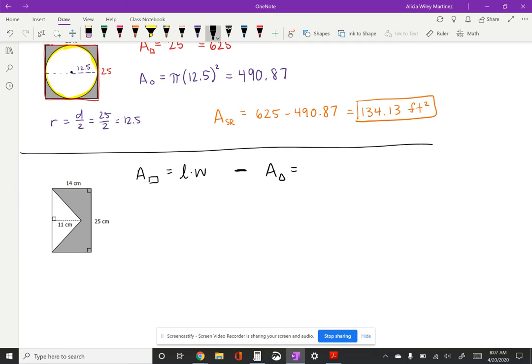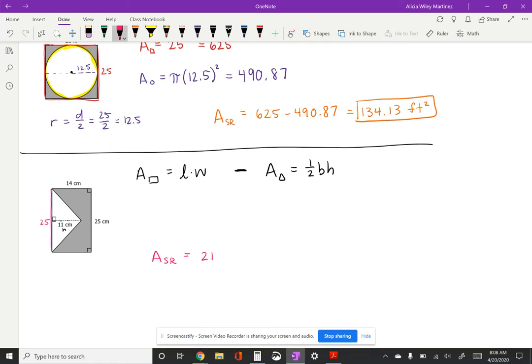The area of a triangle is 1/2 base times height. You can see in this picture they give you the height, that's your h, and they do give you the base. The base of this triangle is this whole thing. Since this is a rectangle, if this is 25, that means this is 25 as well. So you'll easily be able to find those two values to get the area of your shaded region.